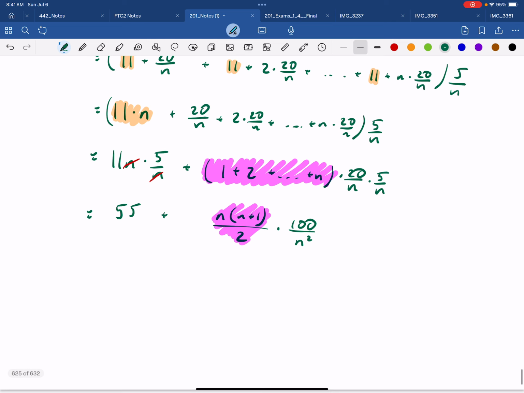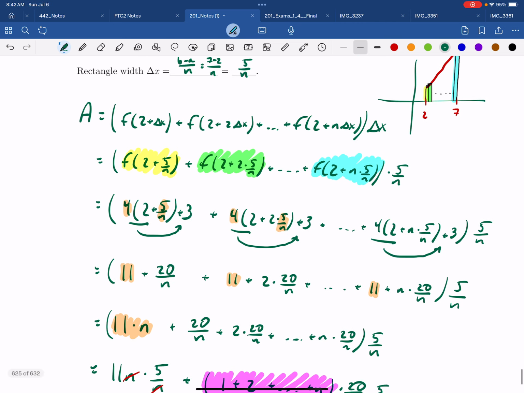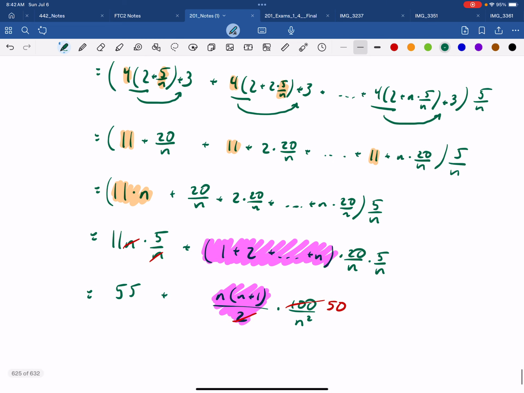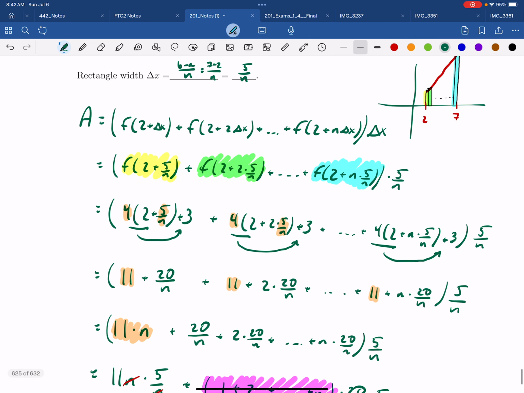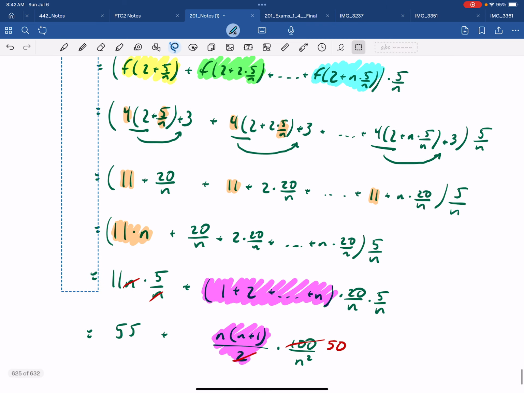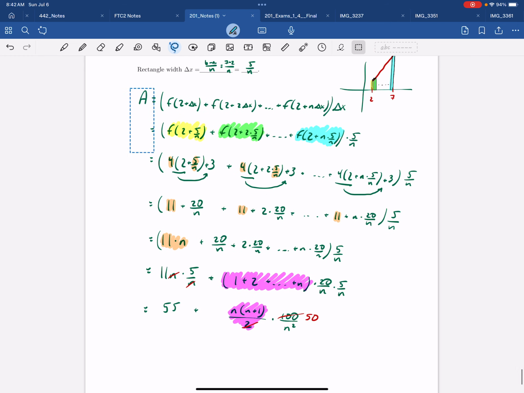Okay? Anyway, when you do this out, you can notice the 2 cancels kind of nicely with the 100 to leave 50. And when you take this limit, oh, shoot. What we did here was we did this for an arbitrary n, but one thing I neglected to do is say, wait a minute, what happens when we take this limit as n approaches infinity?